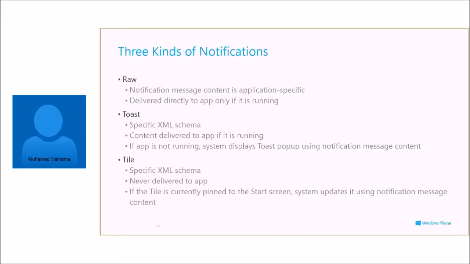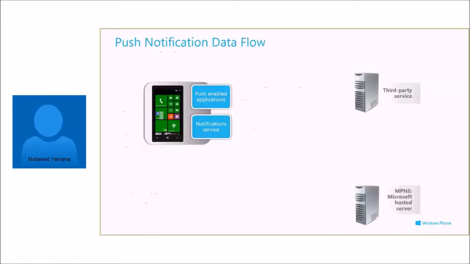You can do that on your tile. I'm sorry, of the application tile. If it's red, you want to change that to green, or to something different, you can do that as well. So if the tile is currently pinned to the start screen, the system updates it using the notification message content, and we'll show that in a demo at the end of the session.